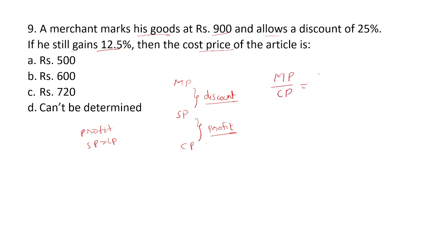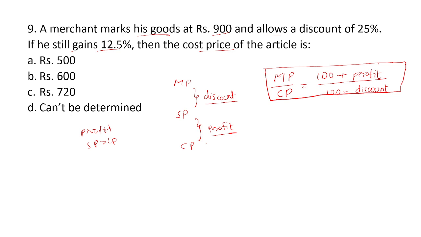The formula is: marked price to cost price is 100 plus profit divided by 100 minus discount. Remember this when both discount and profit are mentioned in a problem. The derivation of this I'll teach you in another video. As of now, we'll solve this problem.